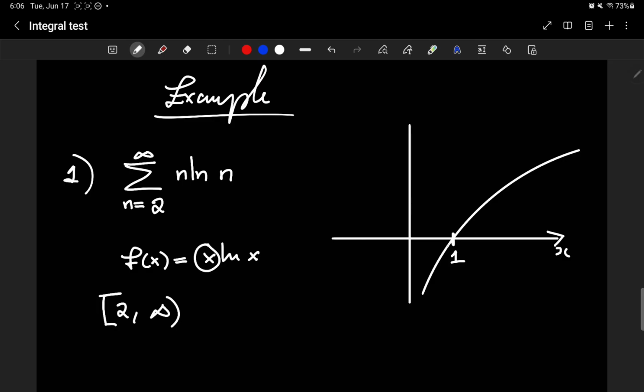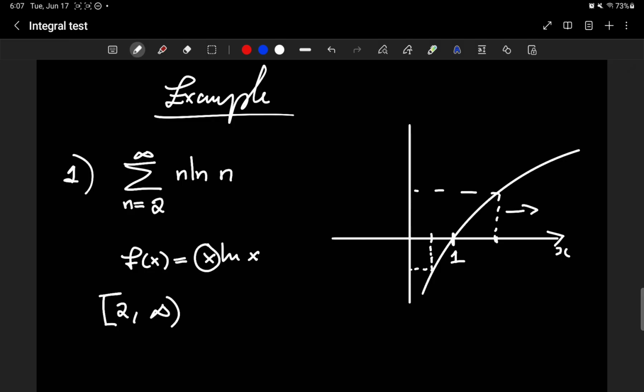Had the values of x been allowed to take numbers less than 1 but greater than 0, the function would have ended up being negative. The ln part would have been negative. So luckily, we are not including values less than 1. We're only going from 2 up to infinity. So 2 would be maybe somewhere here. From here going to the right, clearly our function will all be positive values.